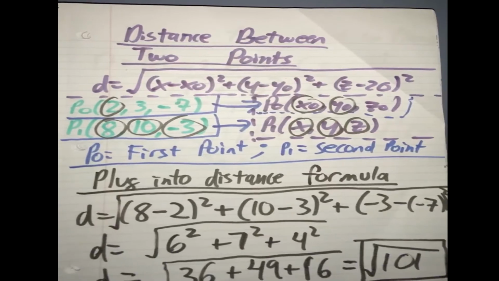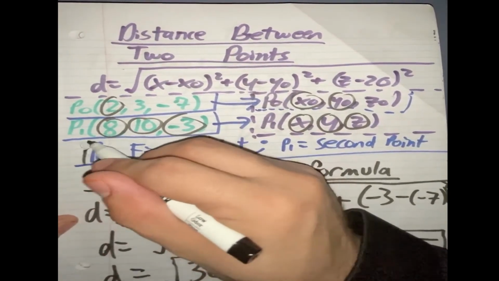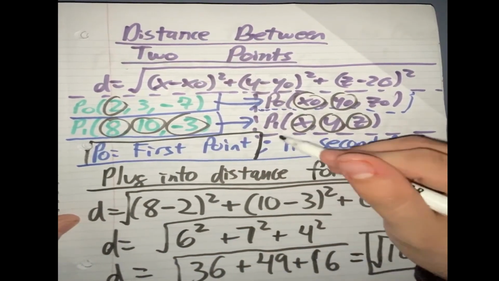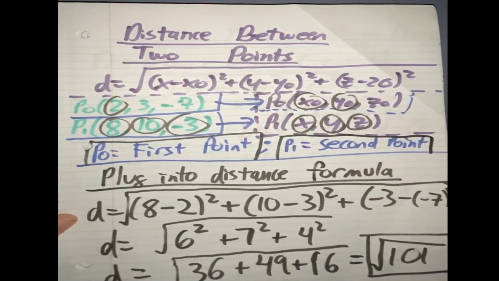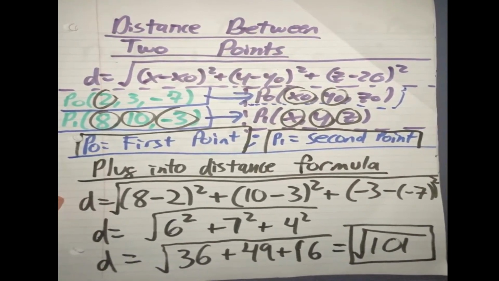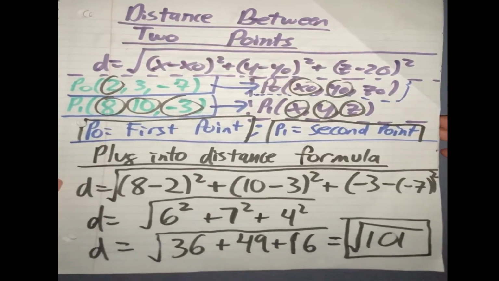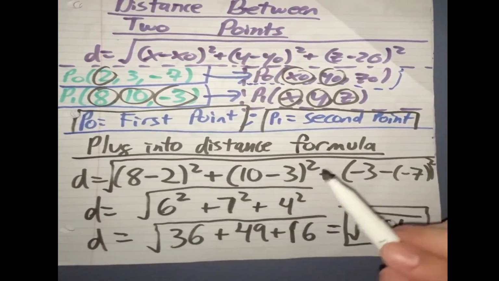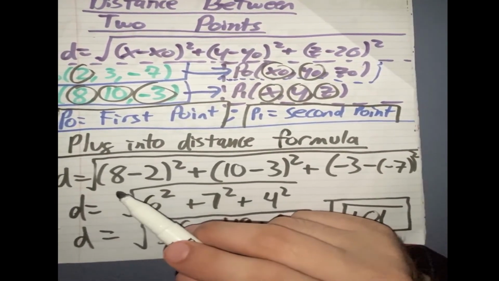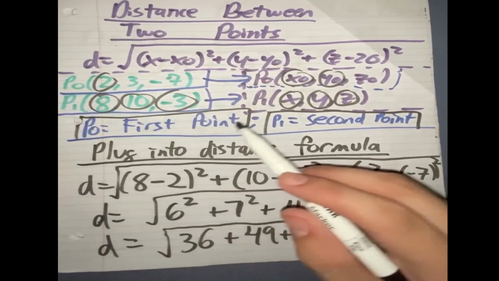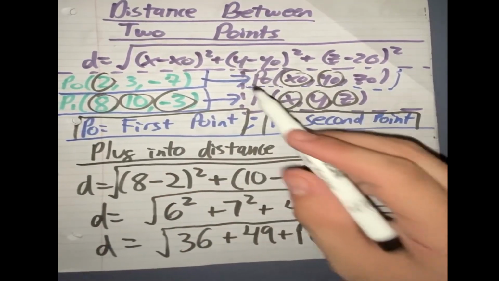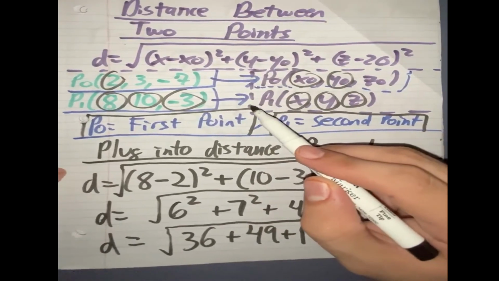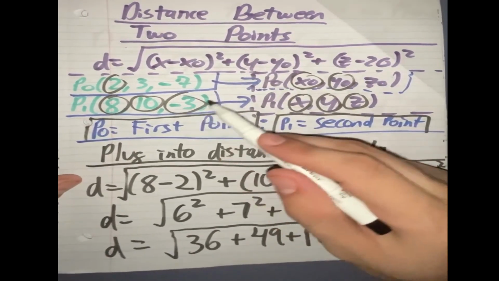So the first thing is you want to identify your P naught as your first point and P1 as your second point. Then from there, the next step is you want to plug into the distance formula. And in doing so, you want to identify which point matches with which. So these arrows are key, because they tell you which point matches with which.